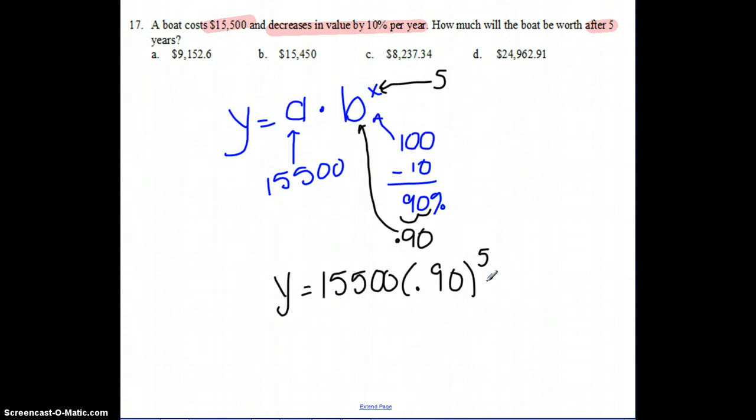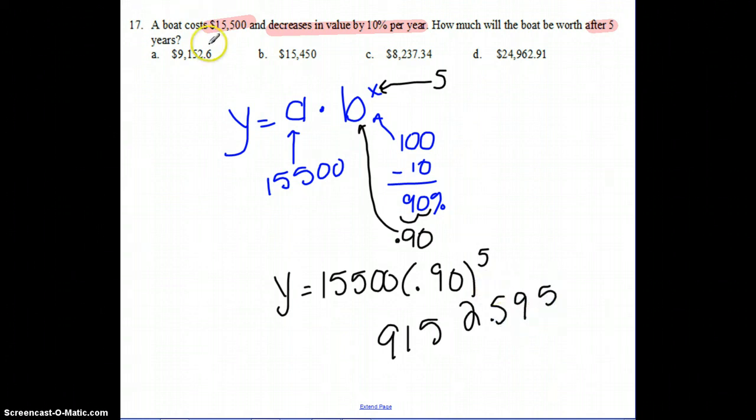So if I go through and start calculating my values, I end up with 9,152.595.